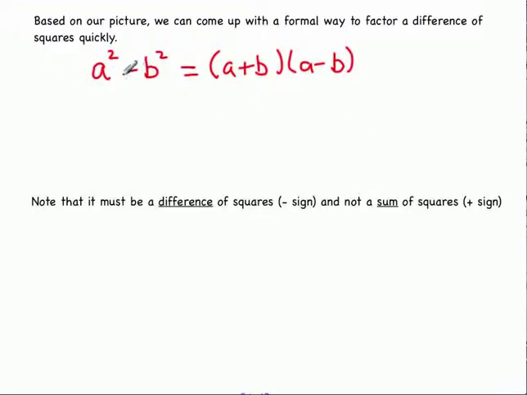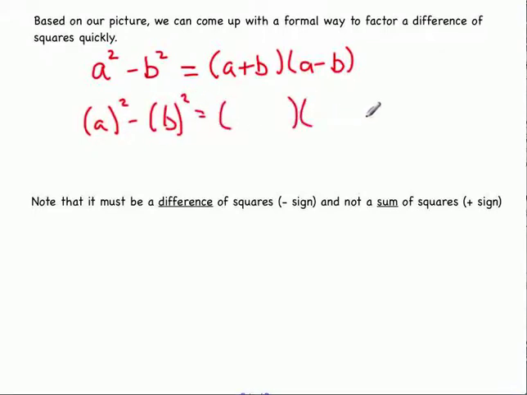So in general, anything squared minus anything squared is equal to this format. Or another way of rewriting this is a squared minus b squared.